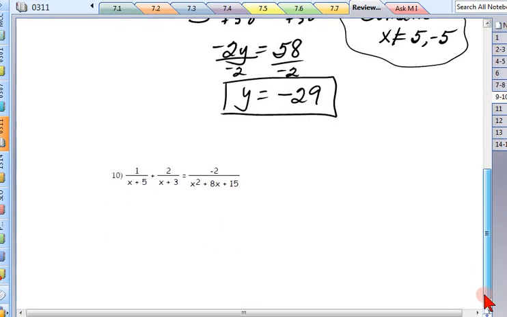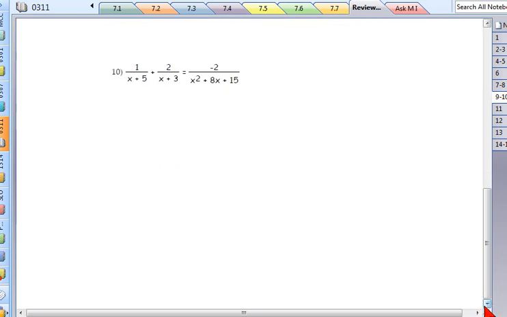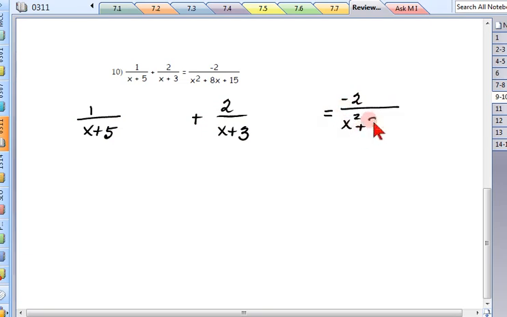All right, let's go to number 10. The original problem, and I'm going to space it out, is 1 over x plus 5, space, plus 2 over x plus 3, space, equal sign, negative 2 over x squared plus 8x plus 15.